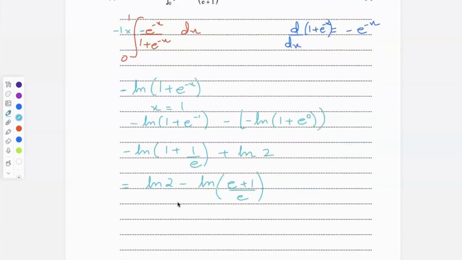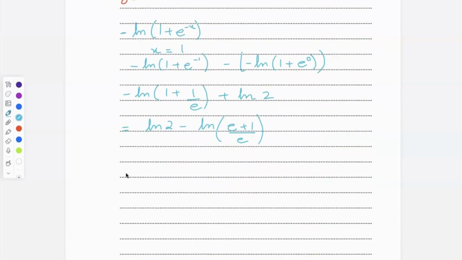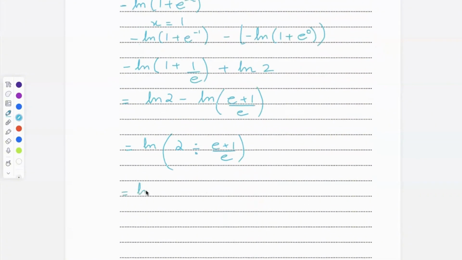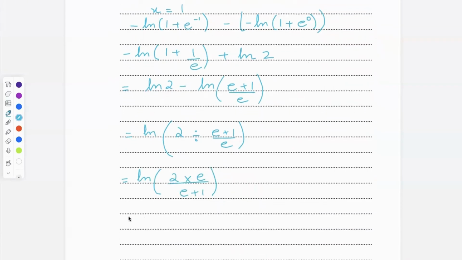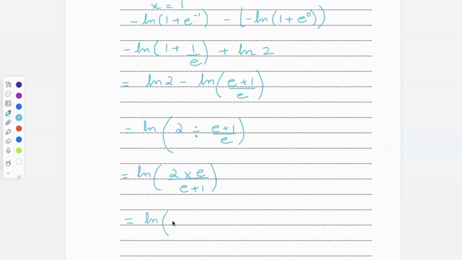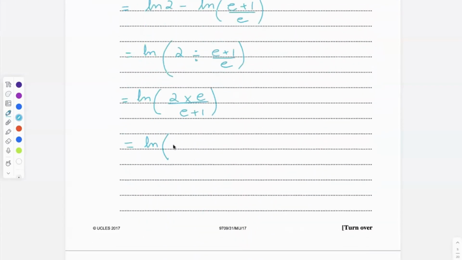Now when it is subtracting, we divide the function. So simplifying this, we'll get ln of 2, and this will divide by e plus 1 upon e. Simplifying this, we'll get 2 multiplied by e upon e plus 1, which is basically the final answer that we had to prove, which was ln of 2e upon e plus 1.